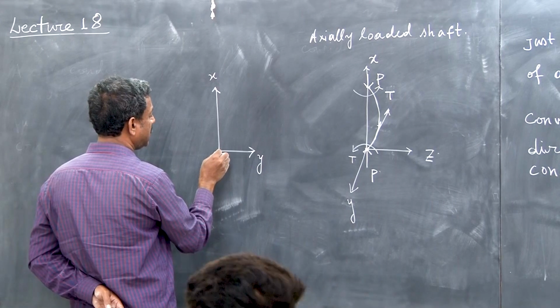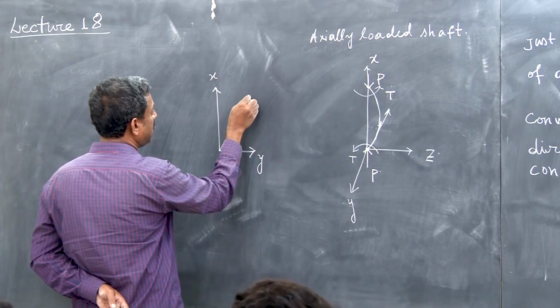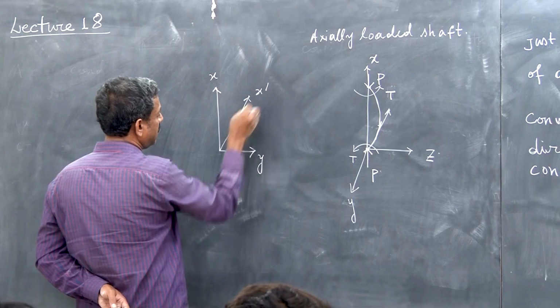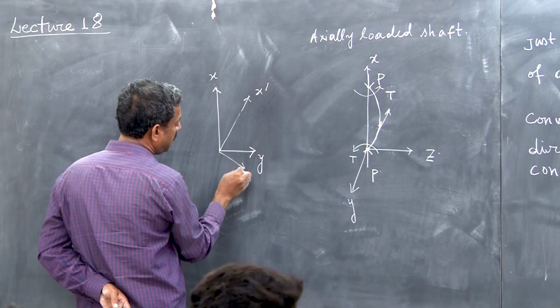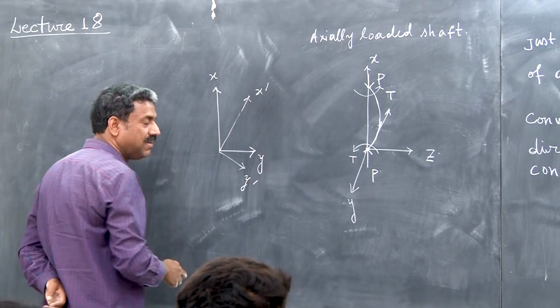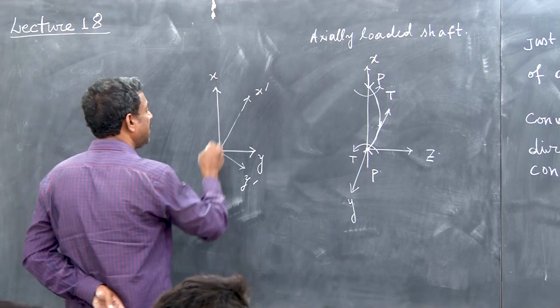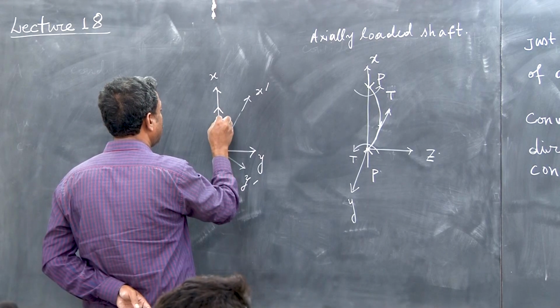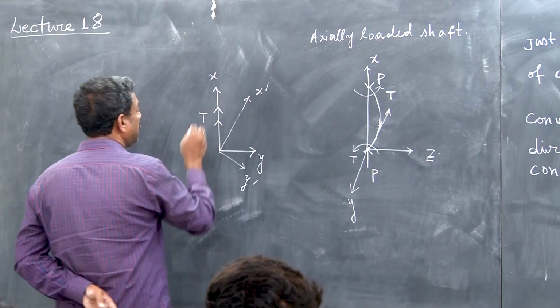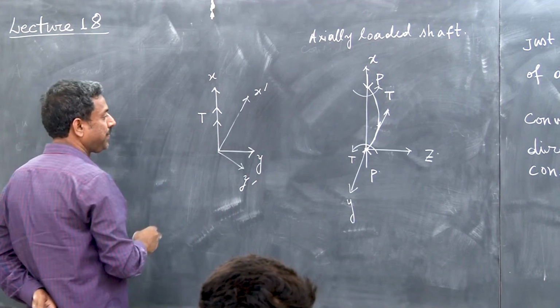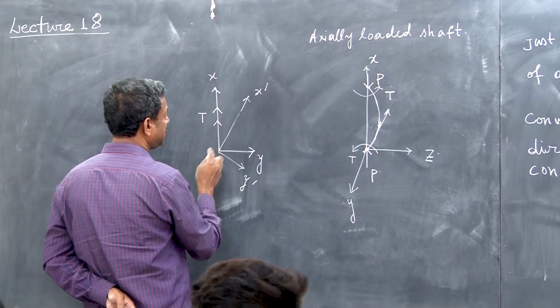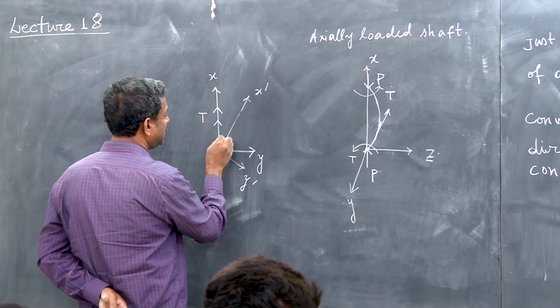This is x dot, and this is y dot. And I am defining the torque in this arrow diagram as T. What is this angle?